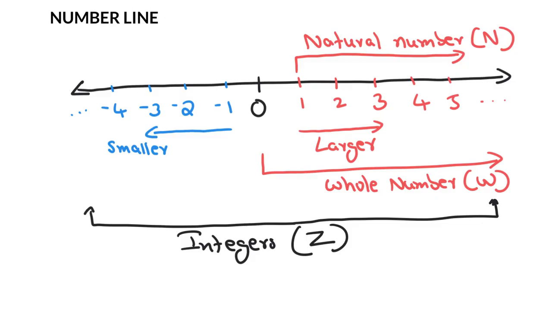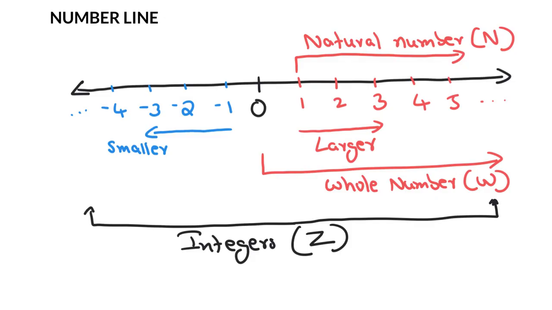Let's have a quick quiz. Number 5. Is it a natural number? Yes. Is it a whole number? Yes. Is it an integer? Yes. Now, another question. All natural numbers are whole numbers. True or false?